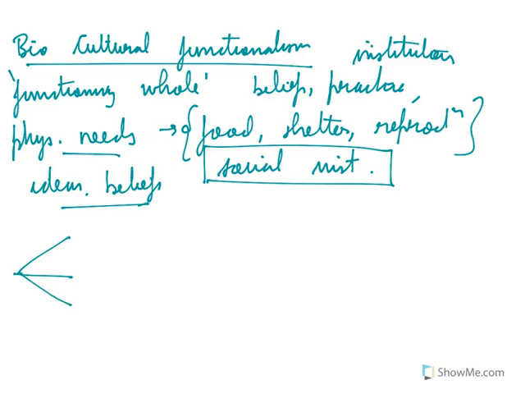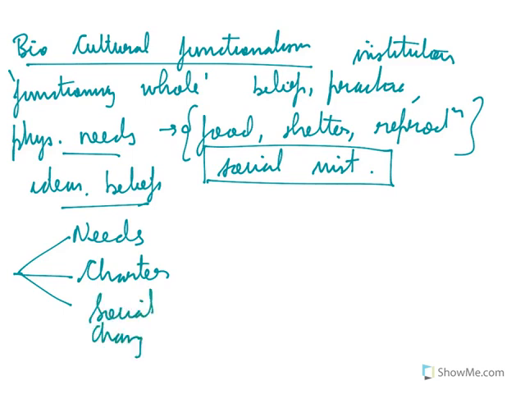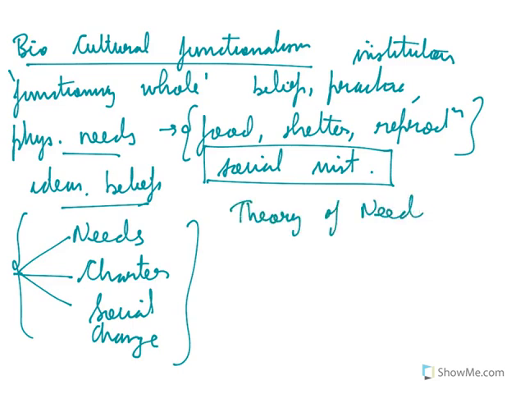And he gave three important theories: the theory of needs, the charter of institution, and the theory of social change. We'll first see the theory of needs and what he argued in that.